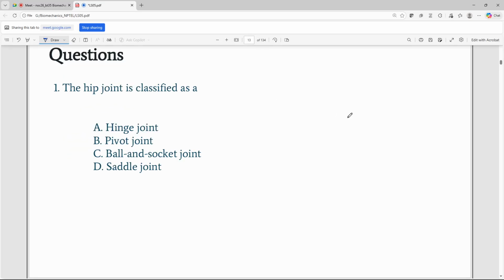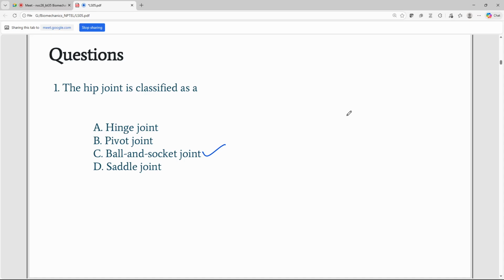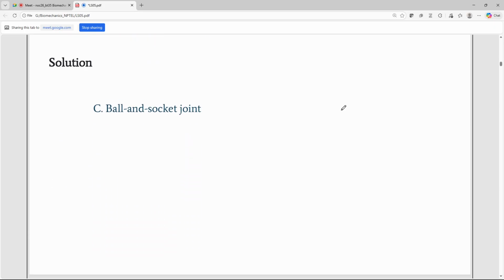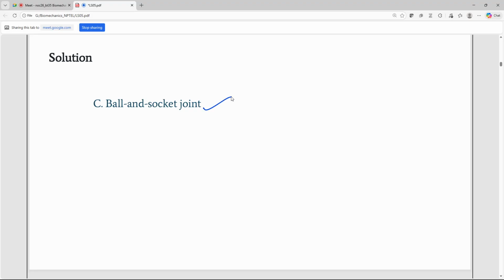Yes, option C, ball and socket joint. You have seen that the head of the femur is ball shaped and it is fitting into the socket in the hip bone. Option C, ball and socket joint.